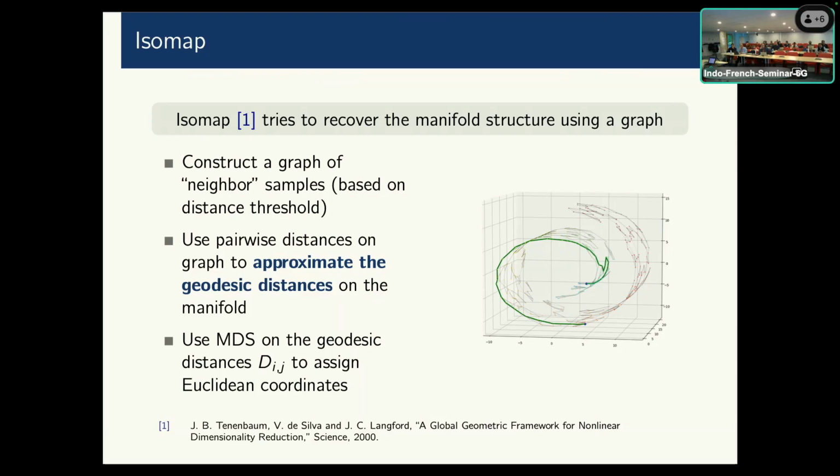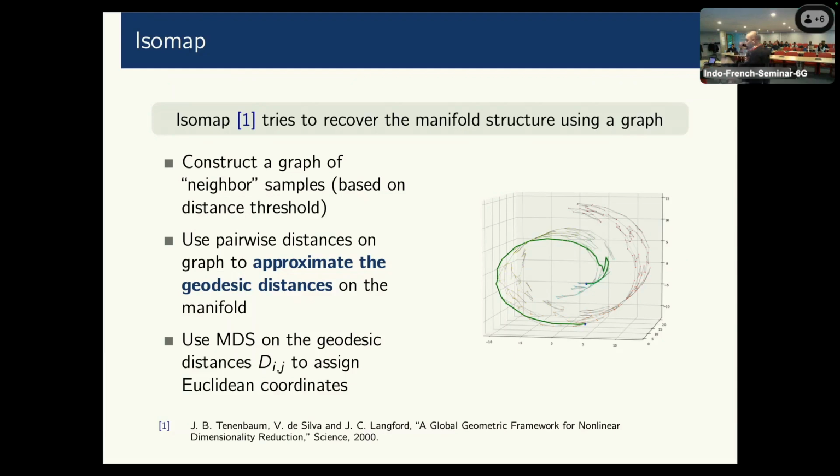A single misplaced point, if you have such a short circuit, is going to affect all the pairwise distances on the graph, and is going to completely kill the result that you get. So it's not very robust. A single misplaced sample can completely destroy the whole structure, right?